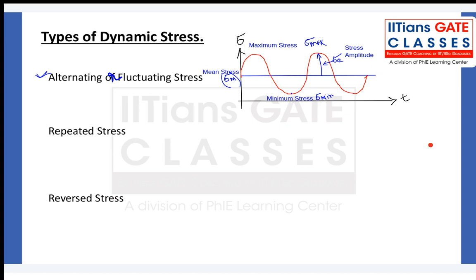I hope you're able to understand how the fluctuating or alternating stress varies. If you have the rest of the examples, you'll understand it much better. You'll have much better clarity.